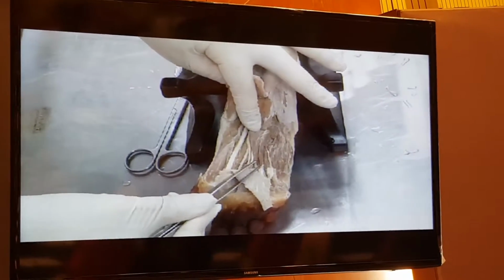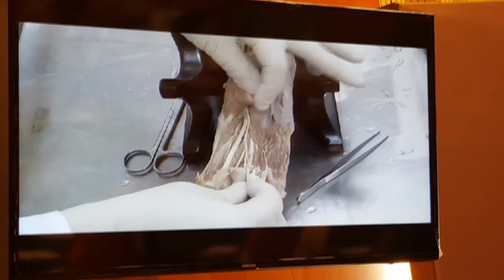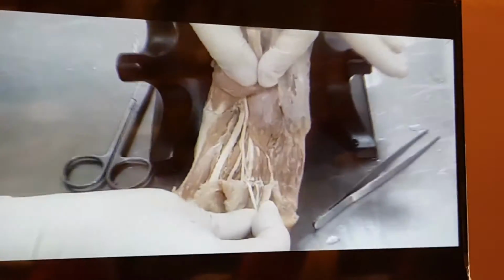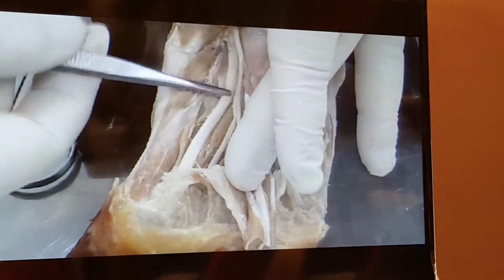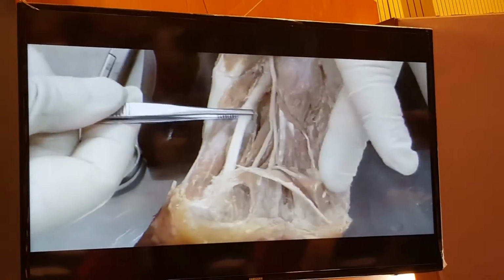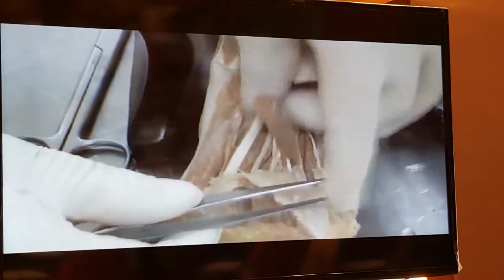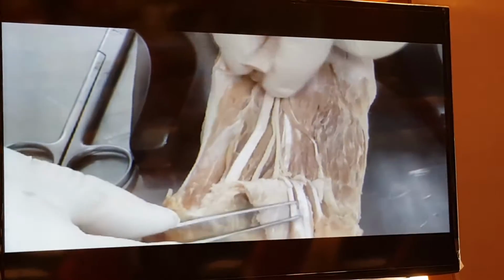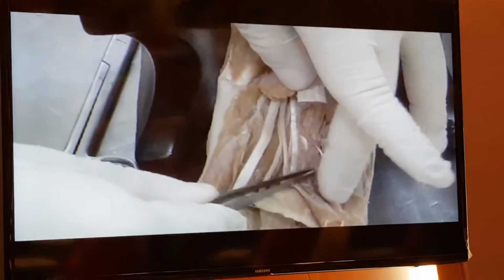Now if you go deep to that one, you will see some more muscles. Here you can see the flexor hallucis longus tendon, and then you have the flexor digitorum tendon. In front of the flexor digitorum tendon, you have the lumbrical muscles.